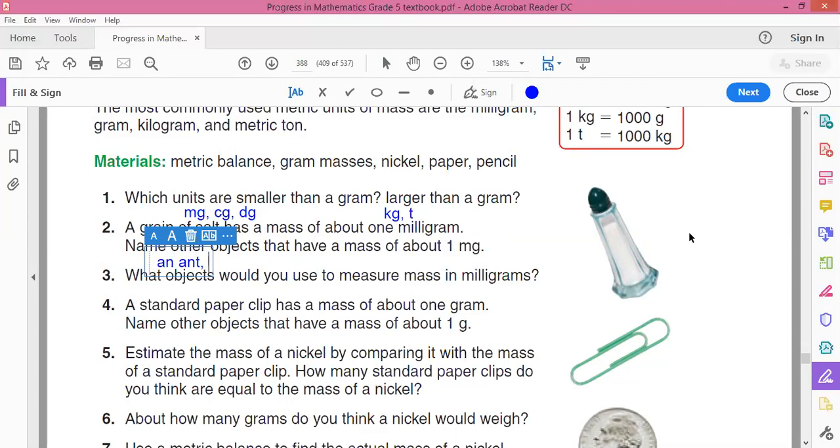Ahmad, you gave me one answer. Muhammad: A page, you mean? Yes, a page, very good. Ahmad, you tell me. A feather. A feather, very good.